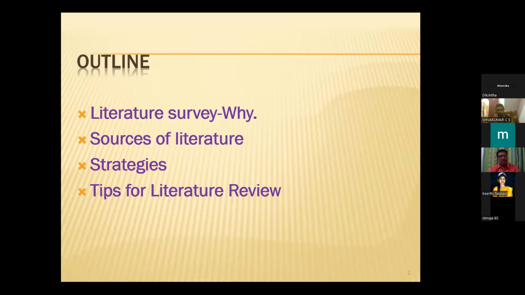We are going to discuss what are the different types of review of literature, how review of literature could be written, and how to structure the review of literature. We are going to discuss another important aspect, and that is how to identify the research gap. Yesterday, one of the participants asked how to identify the research gap. Plus, I will give some other insight with regard to review of literature.